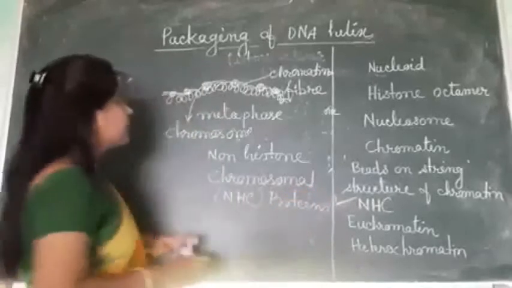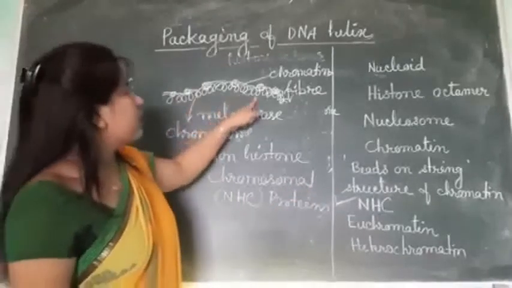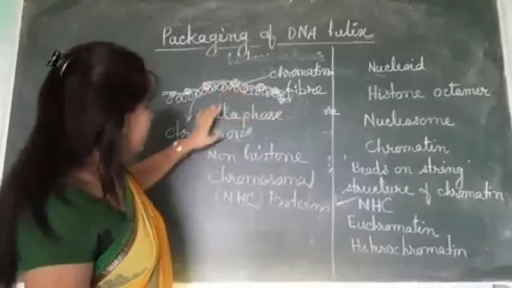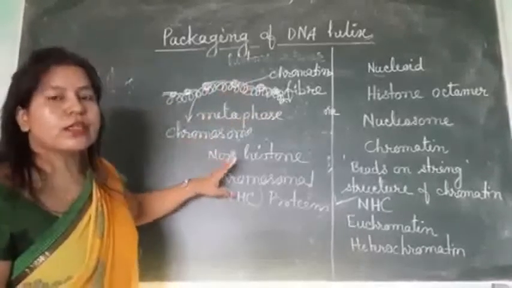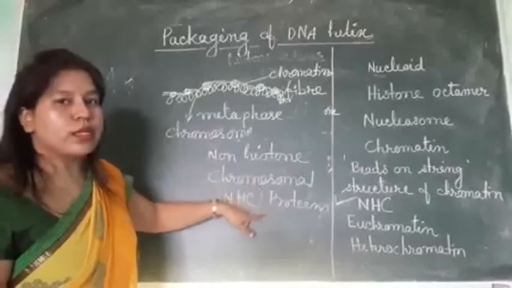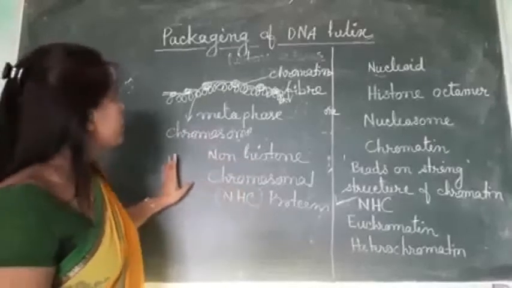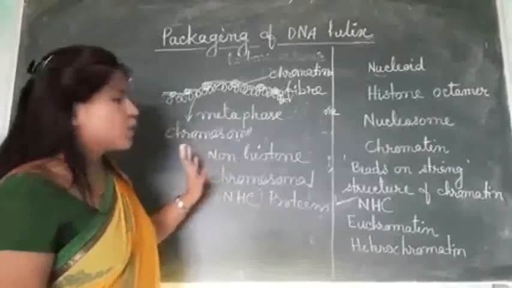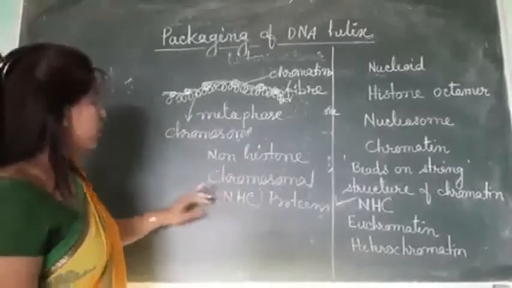I repeat the sentence: packaging of chromatin fibers at higher level requires an additional set of proteins, which are collectively known as non-histone chromosomal proteins. It is a set of proteins, not a single protein. In short it is known as NHC.